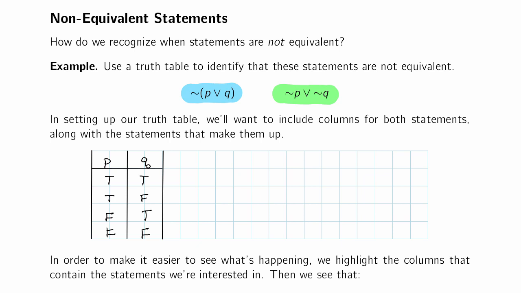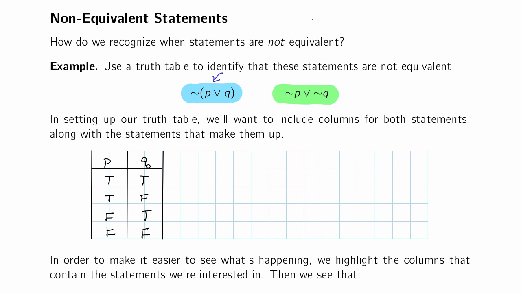Okay, now that we have the columns for our simple statements, next we want the columns that we need to symbolize our first statement here, not P or Q. Now remember, when we have a complicated statement like this with more than one connector, we work from the bottom up, from the inside out. We start with negations of simple statements. We don't have any of those.